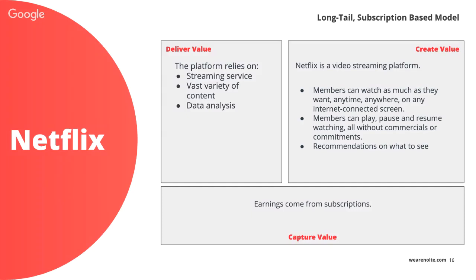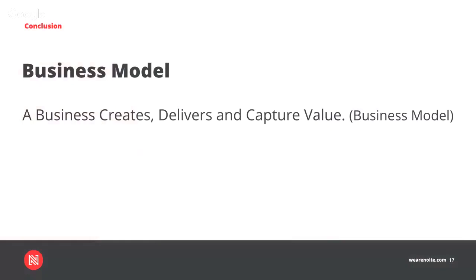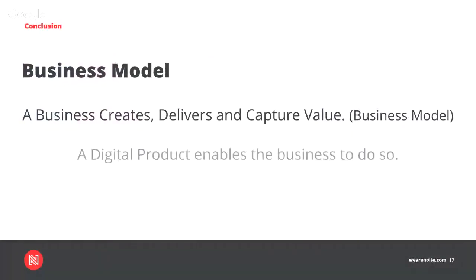So we have gone through three different examples here, and again, just as a conclusion and just as a reminder, a digital product is enabling the business to be able to create, deliver, and capture value. But what you have to do first, before jumping into creating a digital product, is think about the business model.